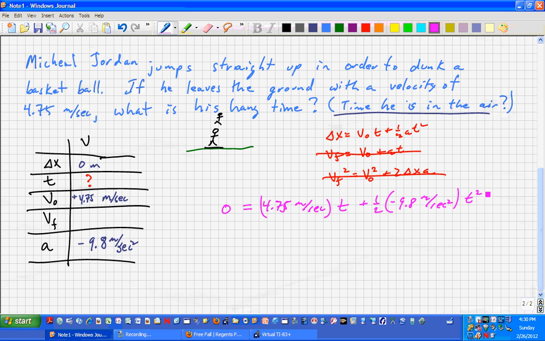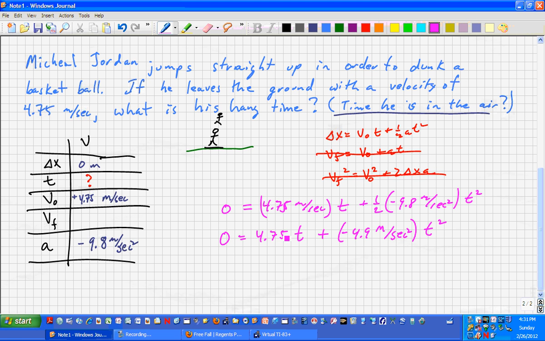So let's see here. Let's go ahead and do this. I've got 0 is equal to 4.75 t. We'll worry about units in a few minutes here. Plus 1/2 times 9.8, it's going to be a negative 4.9 meters per second squared times time squared.